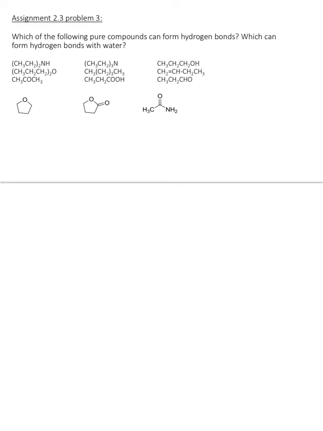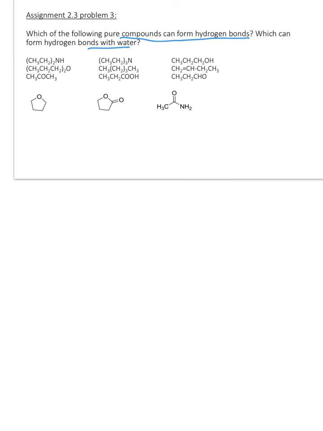Okay, so which of the following pure compounds can form hydrogen bonds? Which can form hydrogen bonds with water? So when we're looking at these, the first one, does it have nitrogen, oxygen, or fluorine plus a hydrogen?